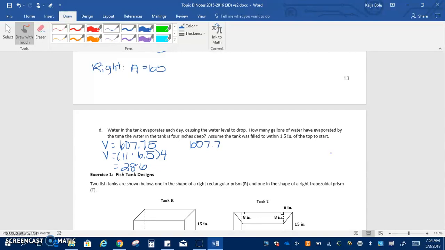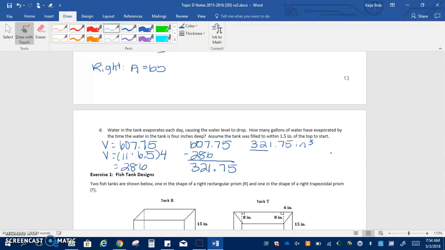So 607.75 minus 286. And when you do that, it would be 321.75. That's cubic inches. But now they want to know how many gallons.